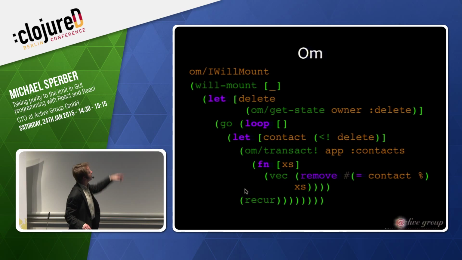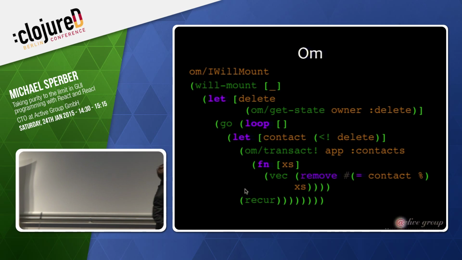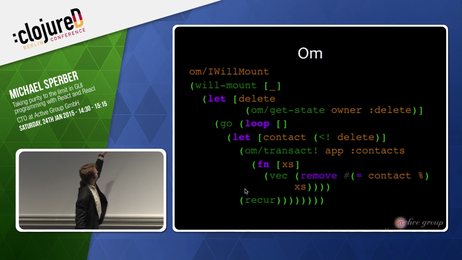And so in this particular case, you can see that go loop receives a message called contact from the channel, and then it calls om transact, which will remove that contact from the list, right?